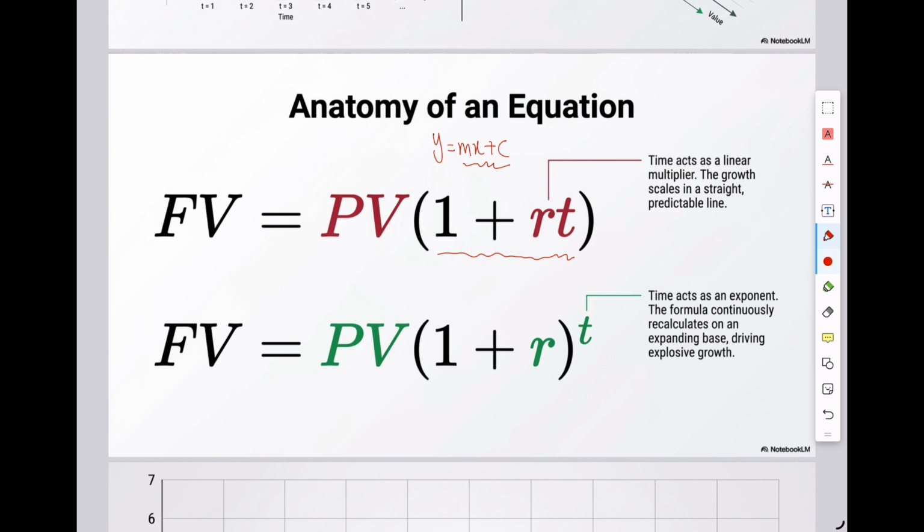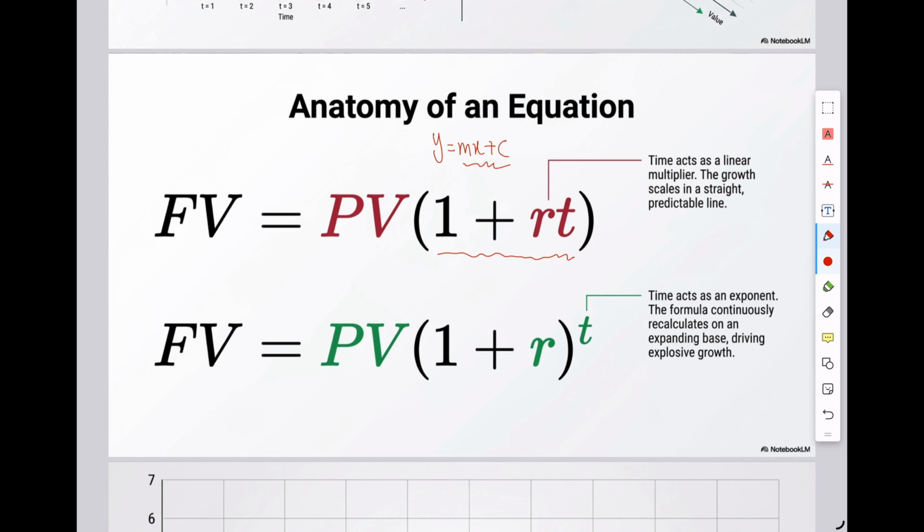You can see every year you only earn $50 interest from the simple interest, right? So you add on 50, 50, 50, 50. At the end of 10 years, you only have $1,500. But for compound interest, because your interest earns more interest, you can see that every year the interest that I earn is a little more than the previous, right?